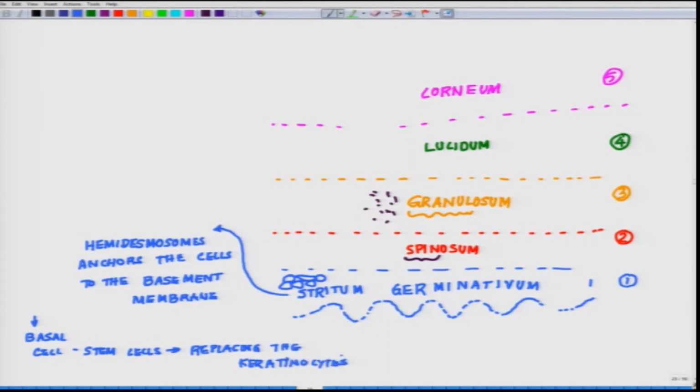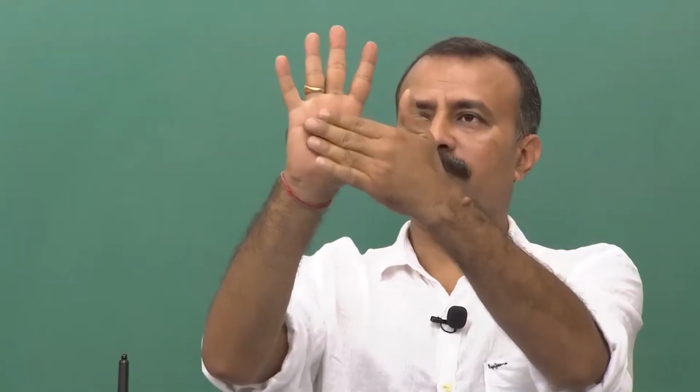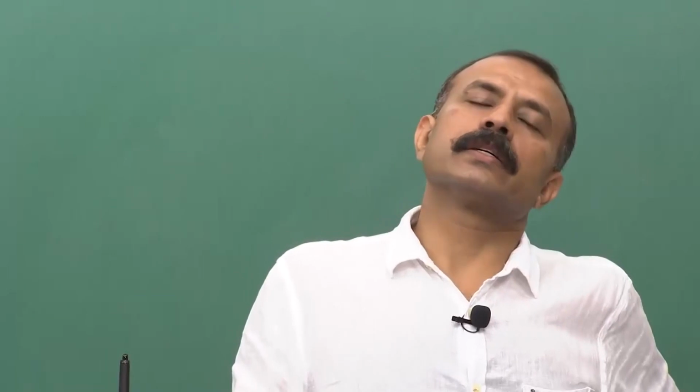The second cell type in this layer is called Merkel cells. This is very important. If you ever forget, Merkel cells are present in this layer. What does that signify? It signifies that Merkel cells are present in those skin surfaces where there is no hair.